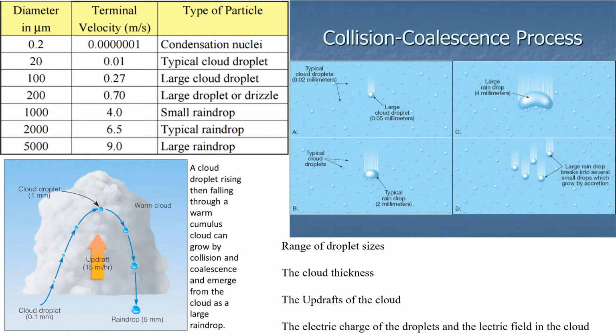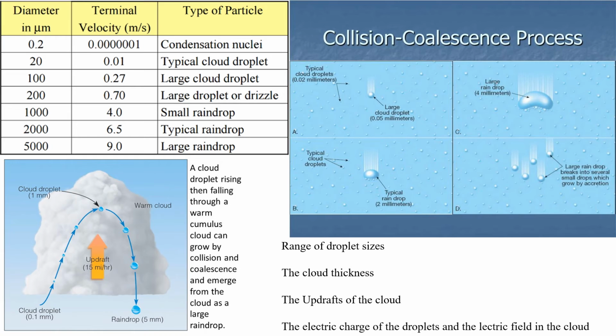This force is so strong that if one tiny droplet were to collide with another, chances are the two would not stick together. Coalescence appears to be enhanced if colliding droplets have opposite electrical charge.